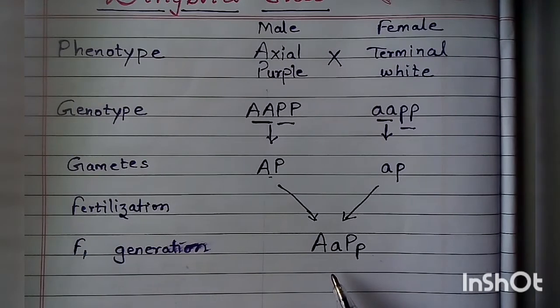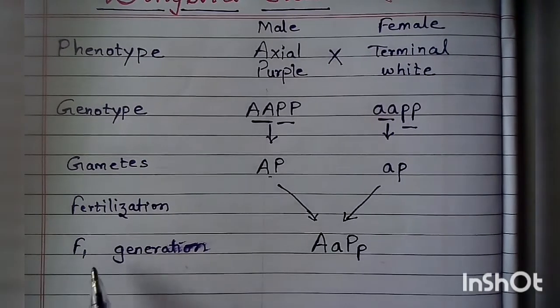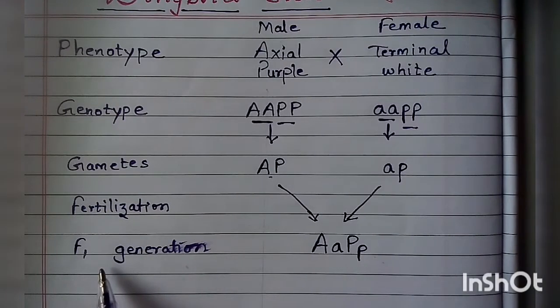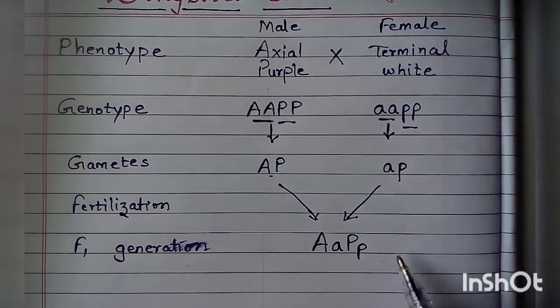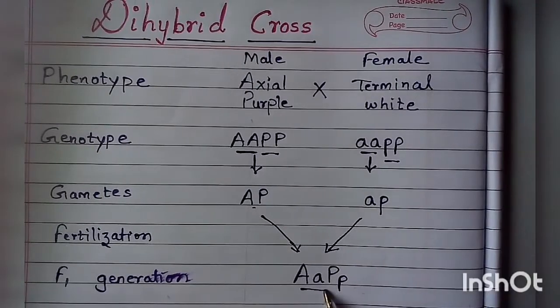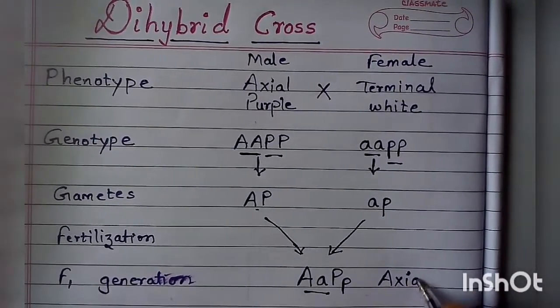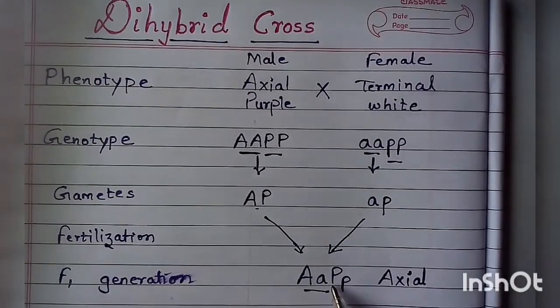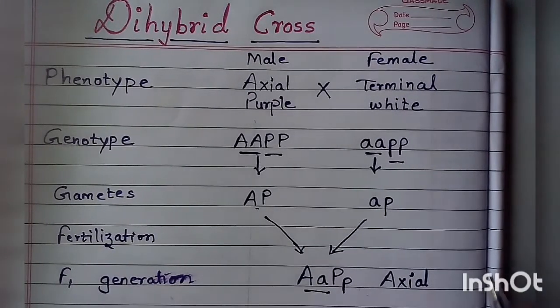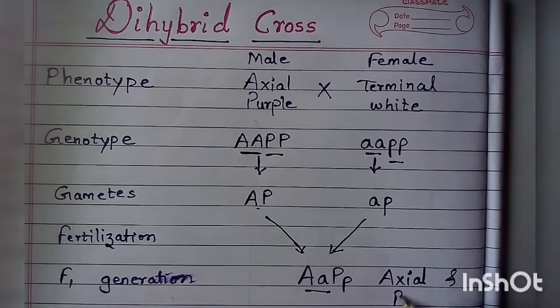According to the law of dominance, the characters or genes that are dominant are expressed in the F1 generation. So capital A, small a represents axial position, whereas capital P and small p represents purple color of flowers.